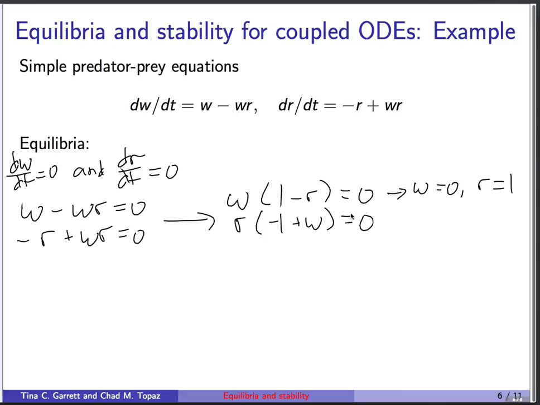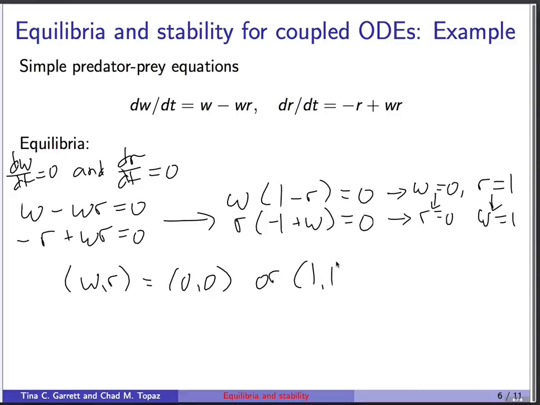So the only way this equation equals 0 is if R equals 0. So the W equals 0 choice leads also to R equals 0. If R equals 1, then down here, in order to get this thing to equal 0, this factor in parentheses has to equal 0, which means that W must equal 1. So we find that there are two equilibria, and their (W, R) equals (0, 0), or (1, 1).